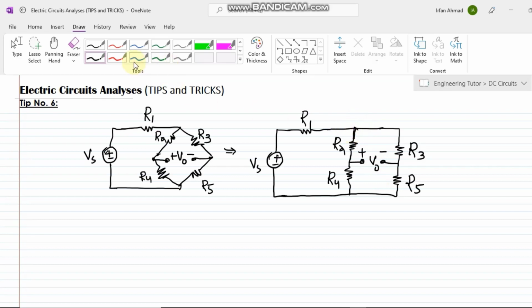So what will be the voltage here? We can easily see that the voltage across these two points will be the same, and let me call it V prime.